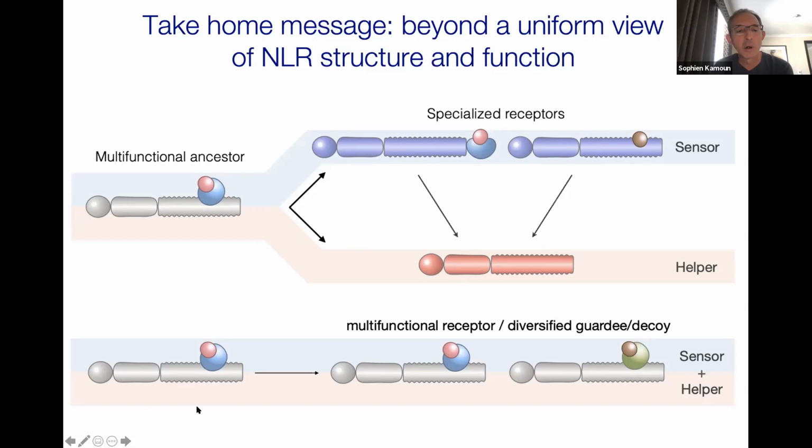They can be helpers, or they can be multifunctional, essentially singletons, if you like, where the coevolution arms race is happening with the guardie or the decoy, not necessarily with the NLR itself. So I think it's really interesting to start classifying and organizing the NLRomes based on this kind of understanding of the evolutionary trajectory and history.